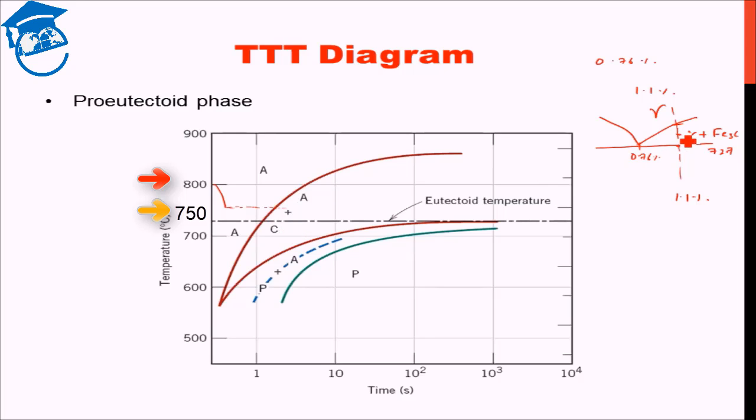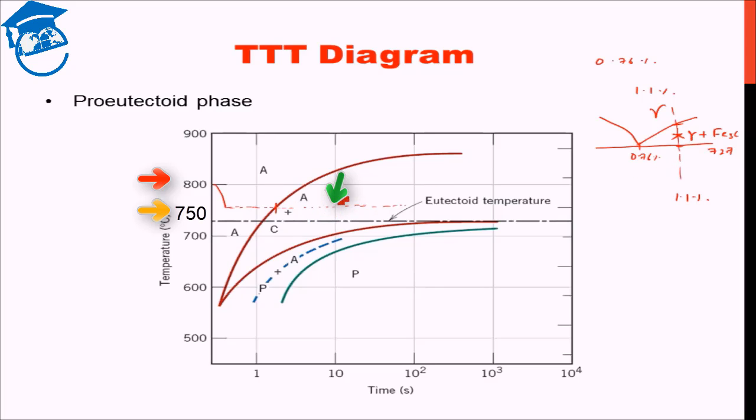Since we are in this region, we should have cementite, but that cementite formation is also diffusion driven, therefore there has to be a kinetics which leads to this slowdown. Now if we maintain the temperature, we form the requisite amount of cementite that should be formed over there. This is the proeutectoid cementite.